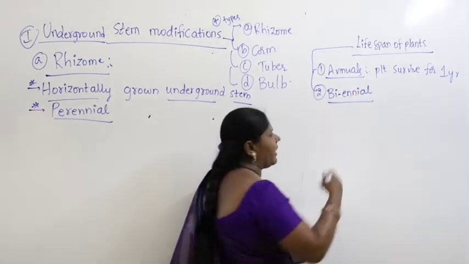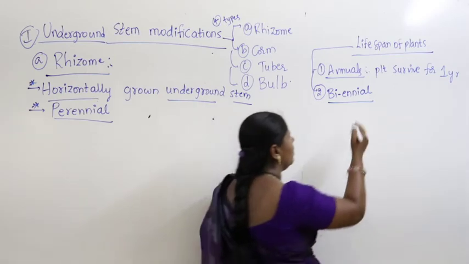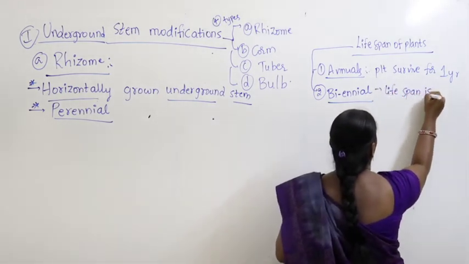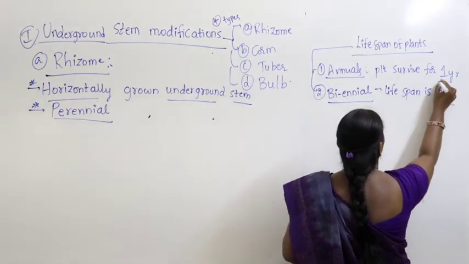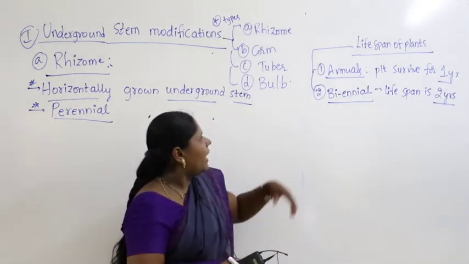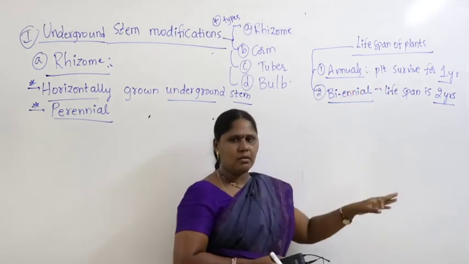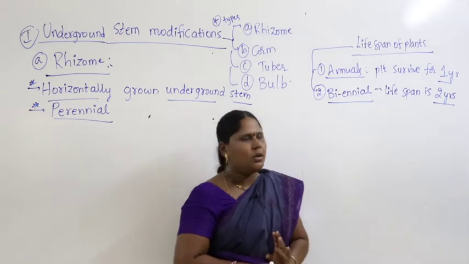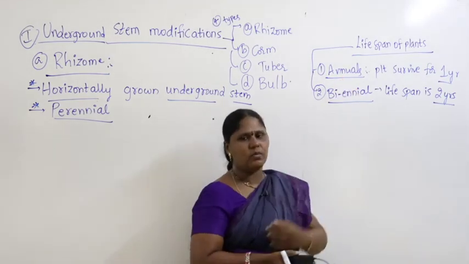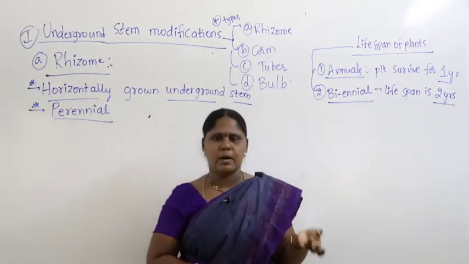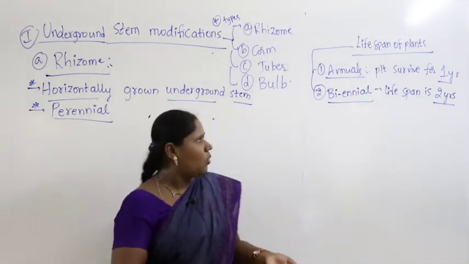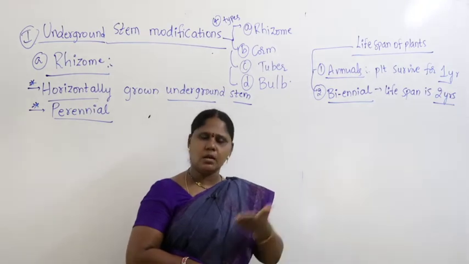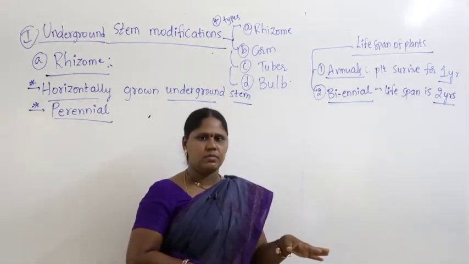In biennial, the lifespan is 2 years. Annual means the plant whose lifespan is 1 year; the plant can survive up to 1 year. What examples can you take under annuals? Rice, wheat, bajra, jowar, sorghum, all the grains we get in Rabi season and Kharif season, where in 6 months we get the yield.